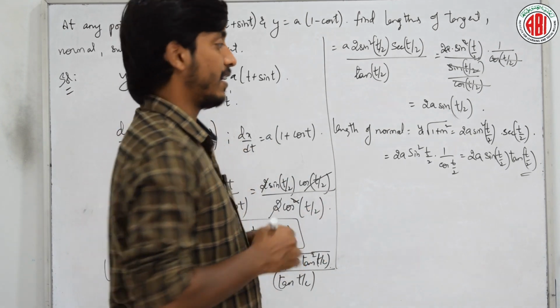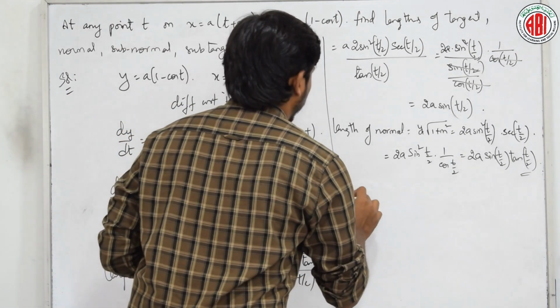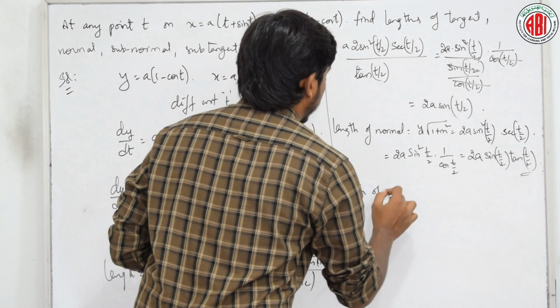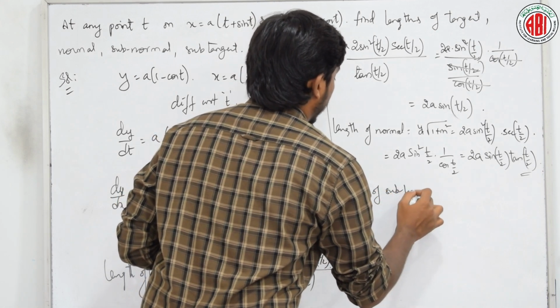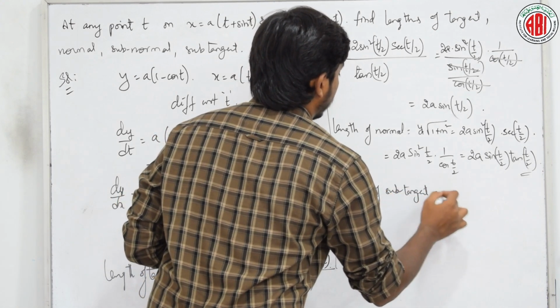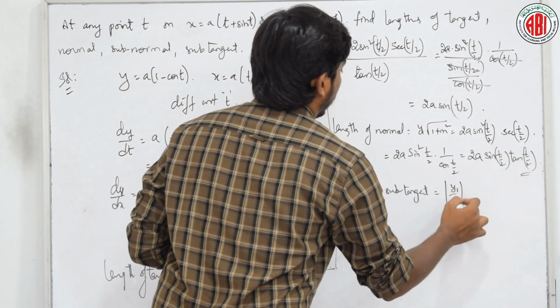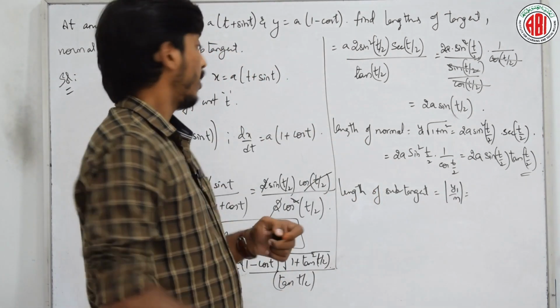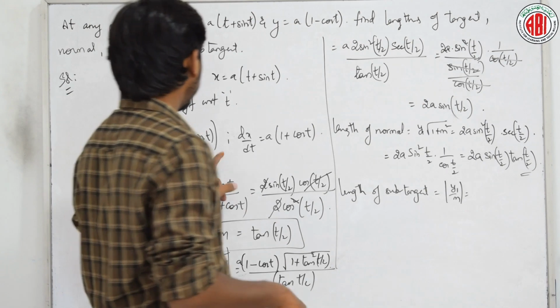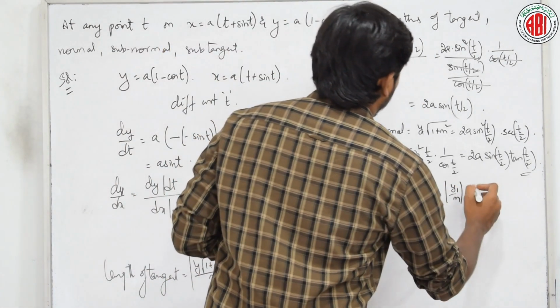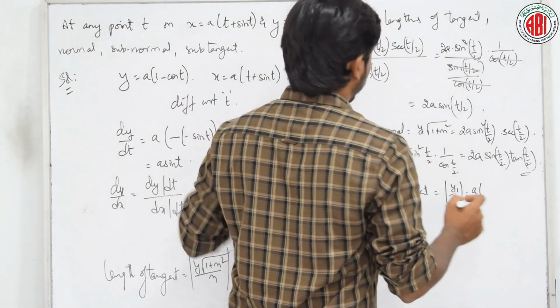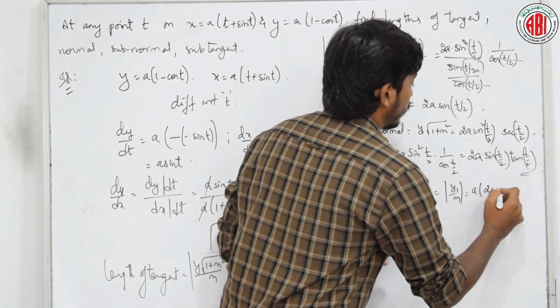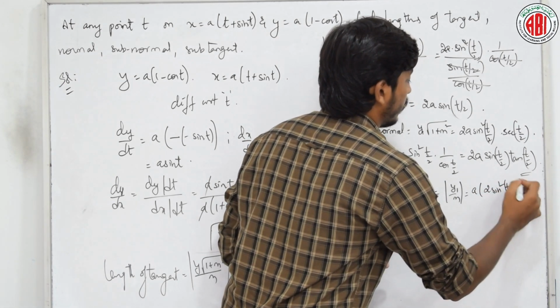Next, what is the formula for the length of subtangent? Length of subtangent is equal to y1 by m. What is y1? y1 is a into 1 minus cos t, which is 2a sin square t by 2.